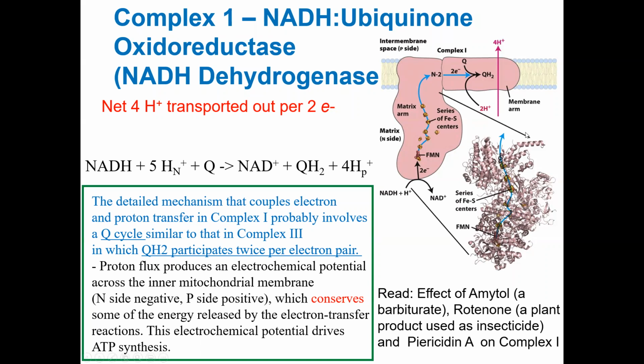And it turns out that I have a homework here. You are supposed to go and read the effect of some molecules like amytal. Okay, amytal is a barbiturate, and barbiturates are these medical agents that cause hypnosis.